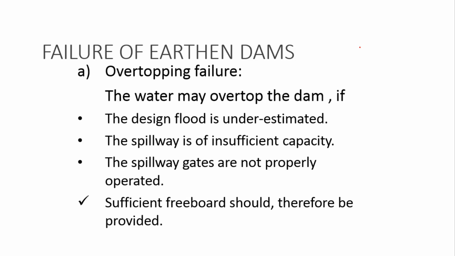First of all, how much are we designing for the flood? If the flood is more but we are not considering it exactly, and we have not estimated our flood, then it may cause overtopping failure. Spillway is of insufficient capacity.